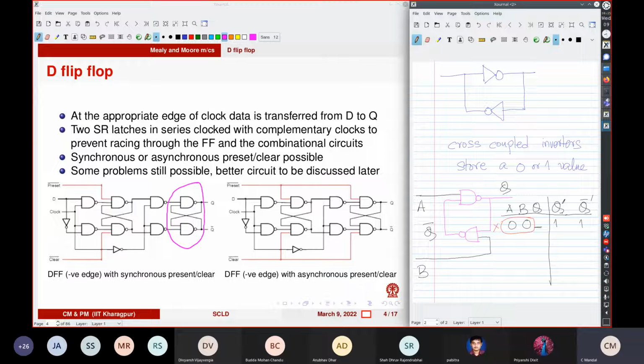We would like to have a certain relation between Q bar, Q and Q dash. We want these to be complements of each other, because only when these are complementary do you have this latching.